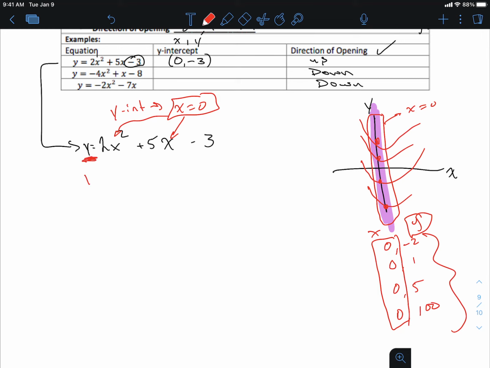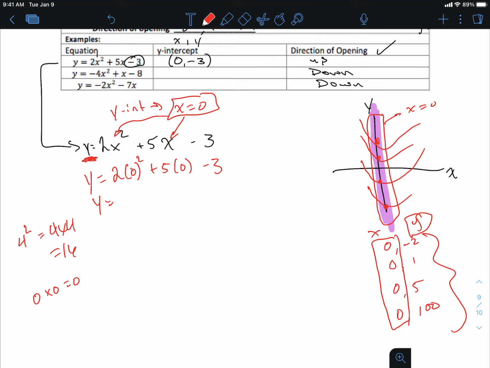Well, let's do that. y equals 2 squared means that you're multiplying a number by itself. So if it was 4 squared, it would be 4 times 4, which would equal 16. In this question, I'm plugging in 0 squared. 0 times 0 is still 0. Plus 5 times 0 minus 3.